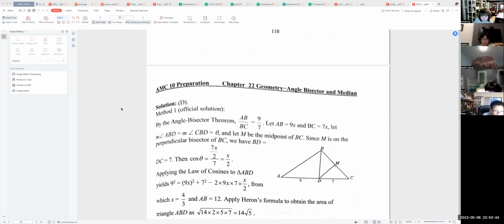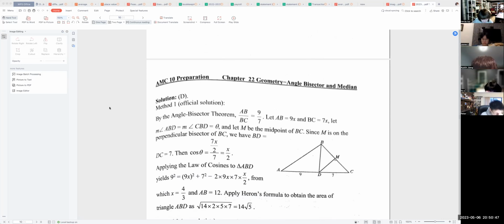So we have the triangle ABC, side AC, and the perpendicular bisector of BC. Okay, so like that.